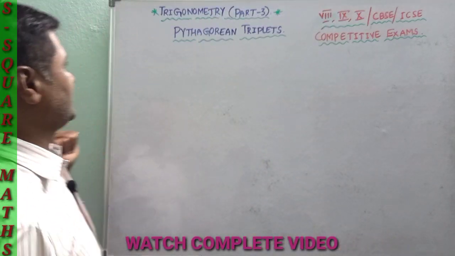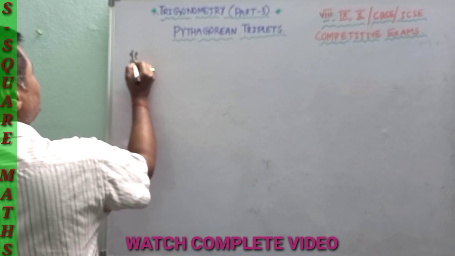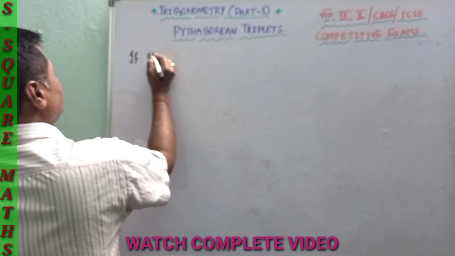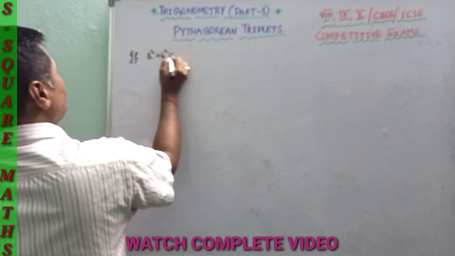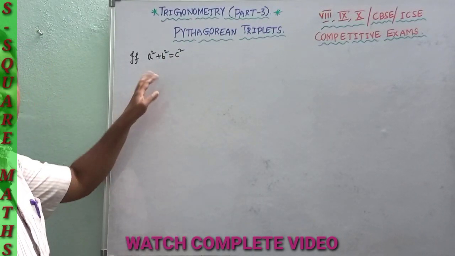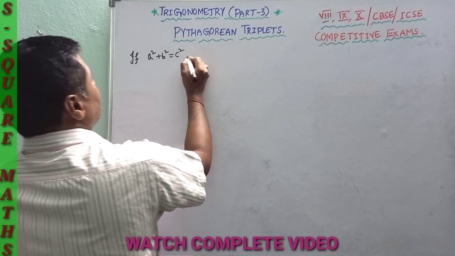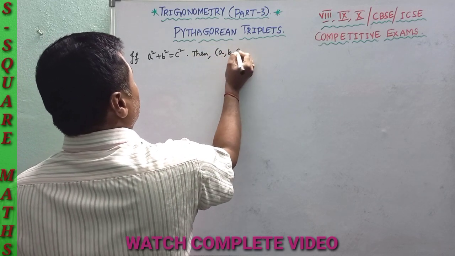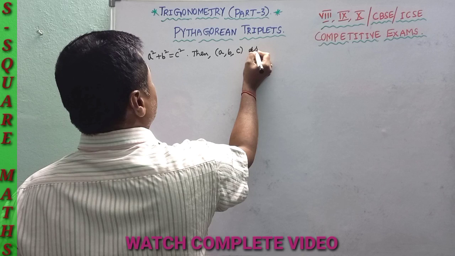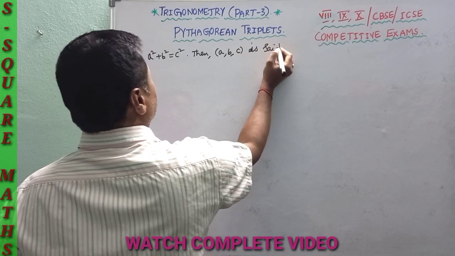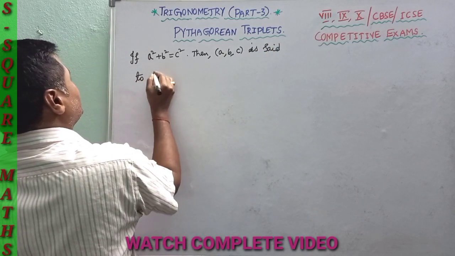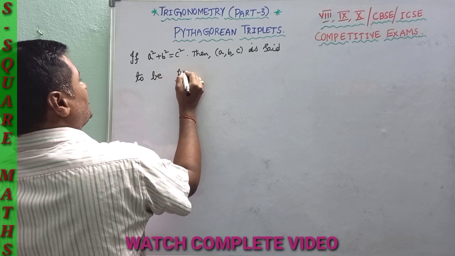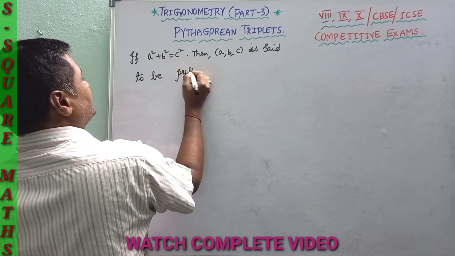So what do you mean by Pythagorean triplets? If a square plus b square is equal to c square, if this is possible, then a, b, c is said to be a Pythagorean triplet.